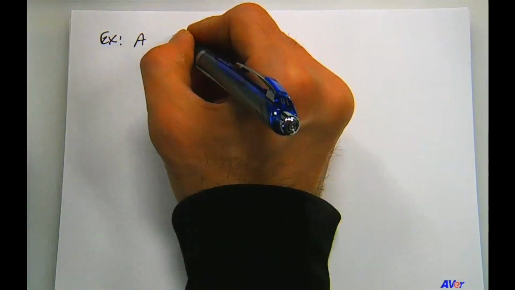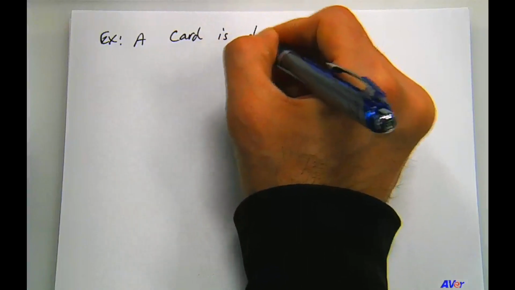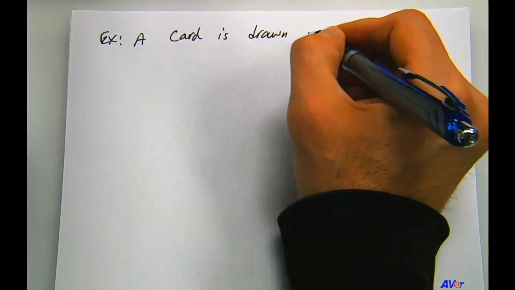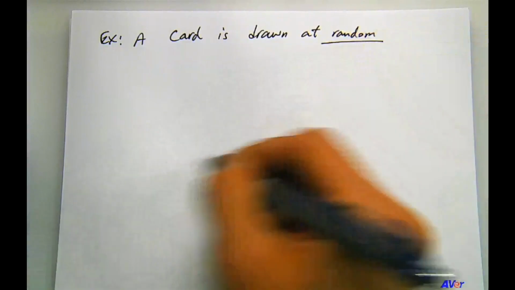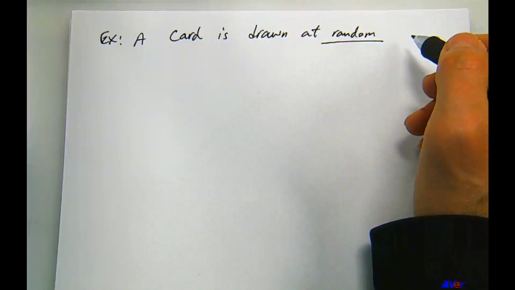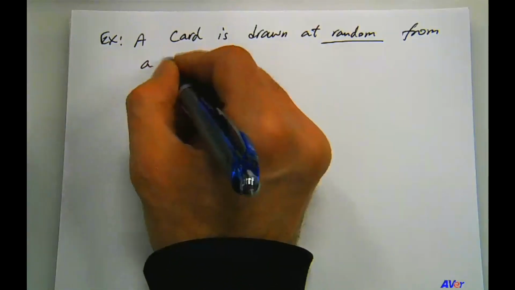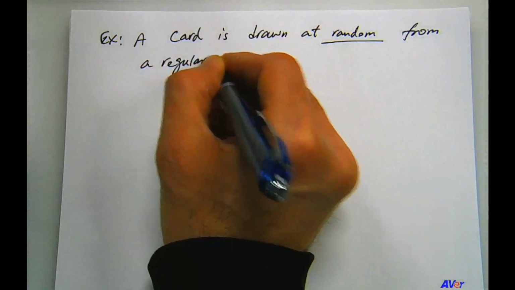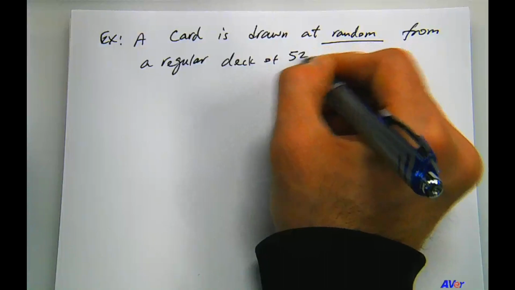Suppose now we have a card that is drawn at random, right? With probability, this is always the key word, the randomness of all of this. Random from a regular deck of 52 cards.